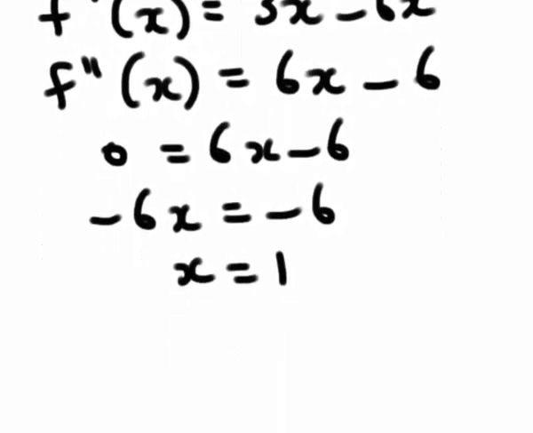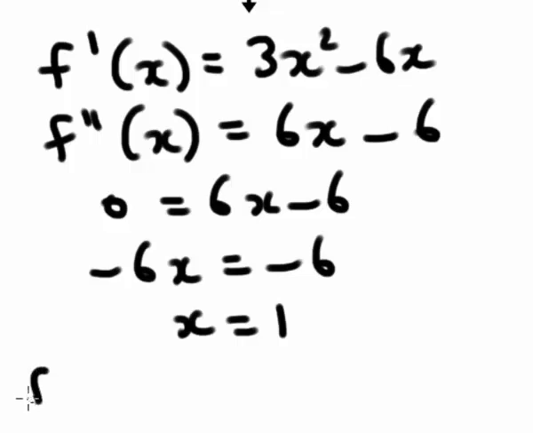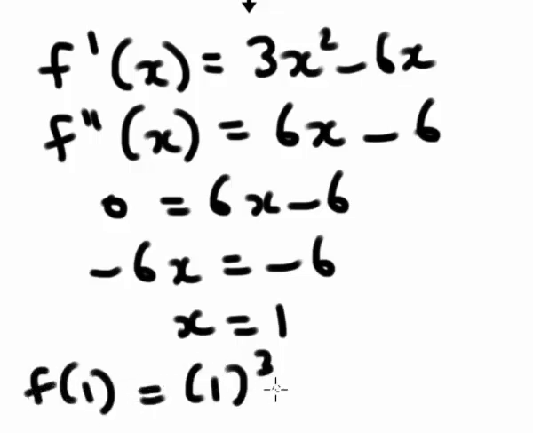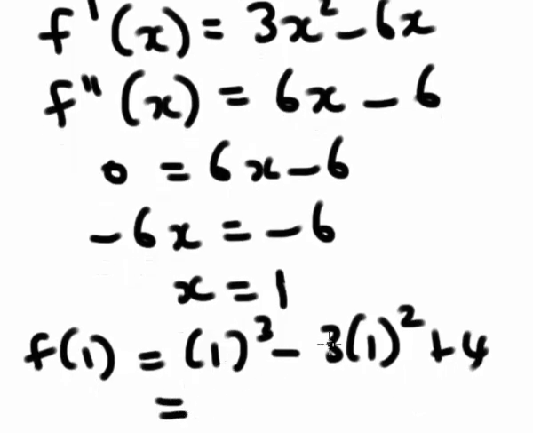What is the corresponding y value there? Well, f of 1, go back to the original, is 1 cubed minus 3 times 1 squared plus 4, and that equals 1 minus 3 is negative 2 plus 4 is 2. There's a point of inflection at 1, 2.